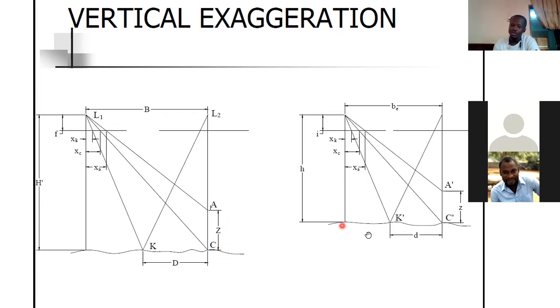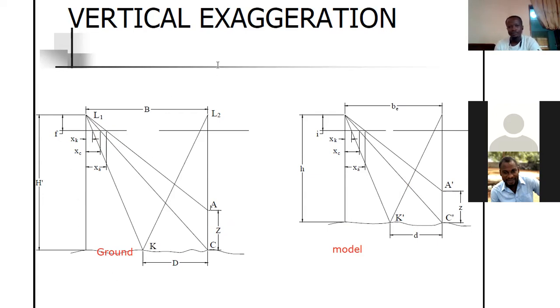Same way in the model. So here we have a model. It's the ground. And then we have the model. So you can see that the eye sees the model. The ground is looked at by the camera.